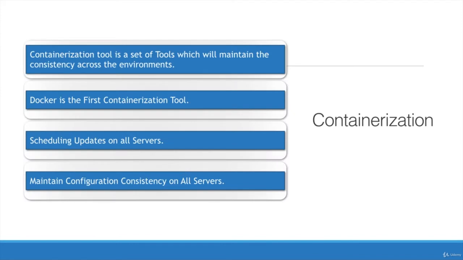The second part of continuous deployment is containerization. Containerization is basically a set of tools which maintain consistency across environments. With the help of containerization, we package all the dependencies of my project in a single container, and we deploy the same container across all the servers on which my application is going to execute.